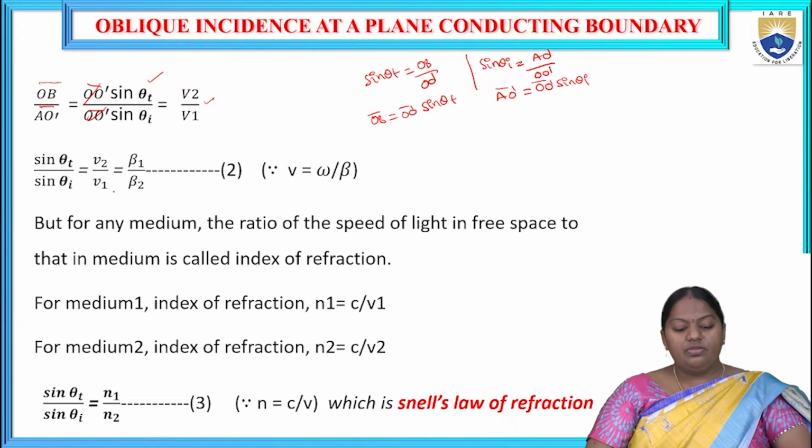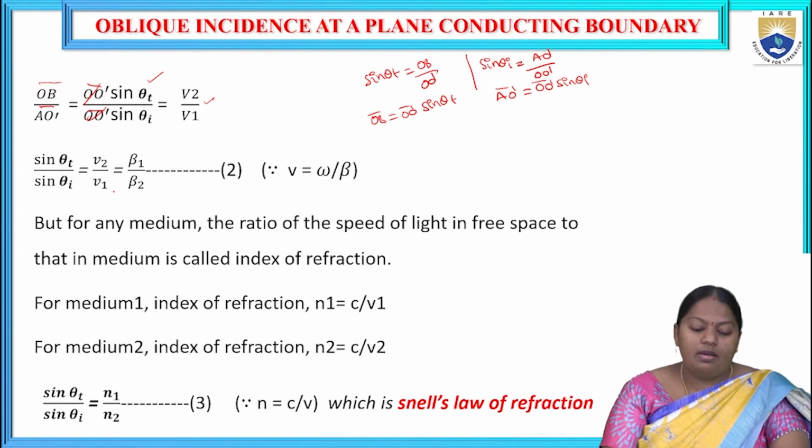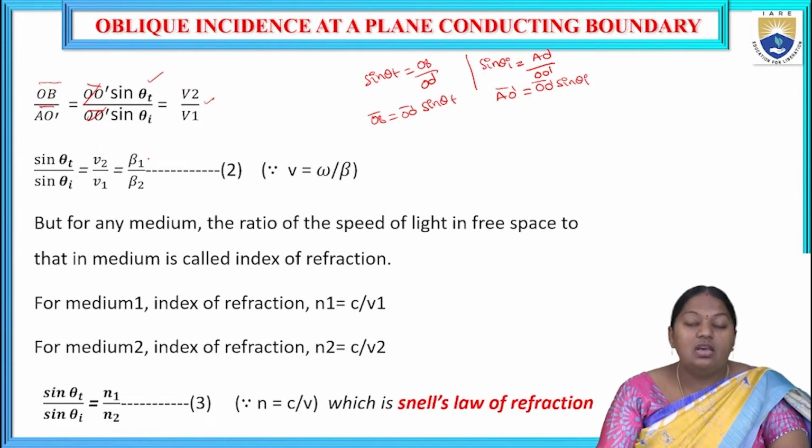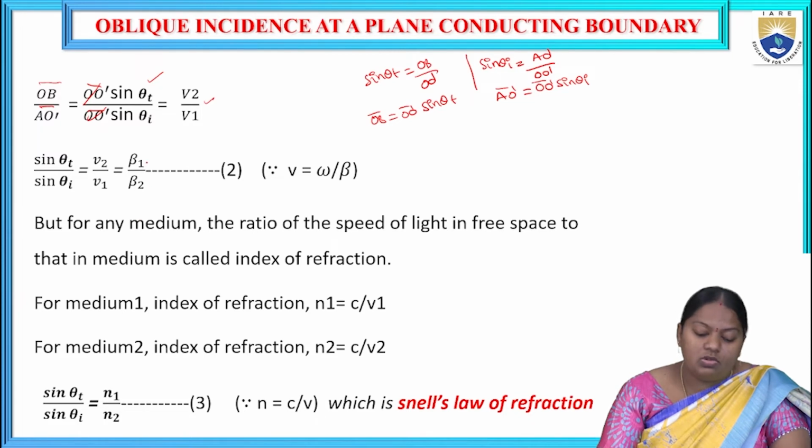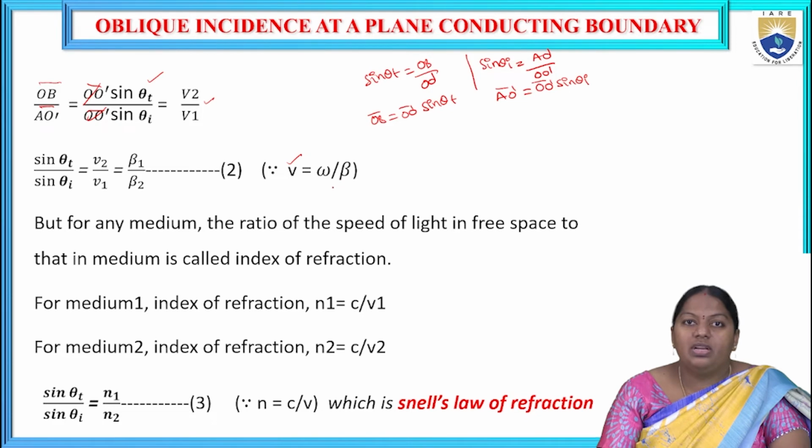Now from this relation of velocities, we also have one more relation, that is beta 1 by beta 2. What is this beta here? This beta is nothing but the phase constant. To relate the phase constants in medium 1 and medium 2, we use the fundamental equation for the velocity of an electromagnetic wave, V equal to omega by beta, where omega is the angular frequency and beta is the phase constant.